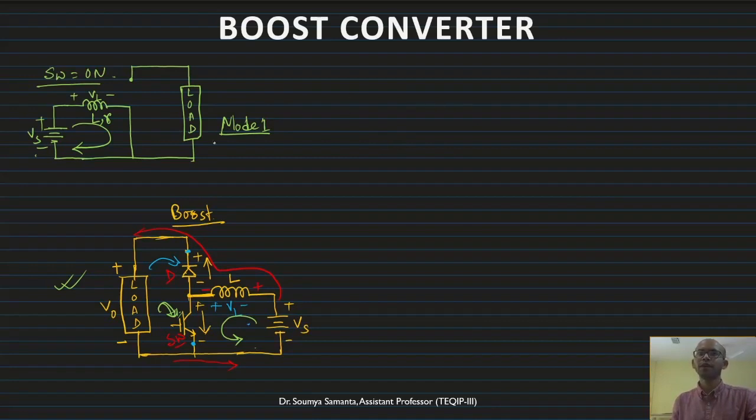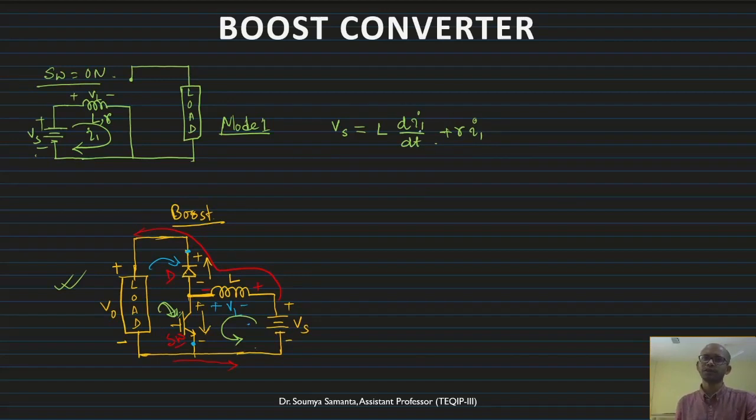Now, what is the circuit behavior, or the equations we will get? Vs equals L di1 by dt plus r into I1, where I1 is the inductor current.